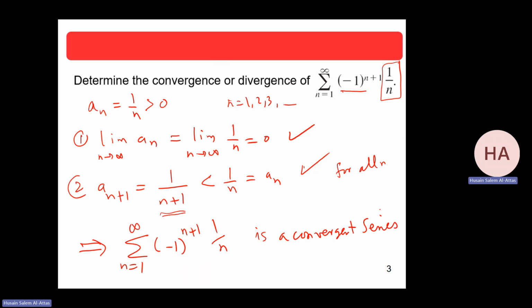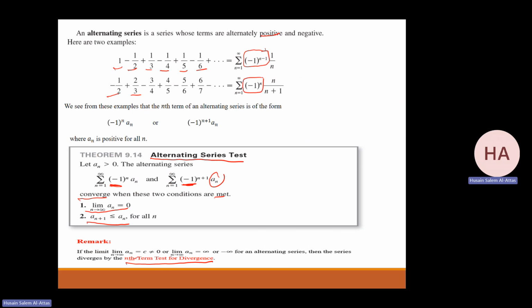I'm starting with a very simple example. Conditions: a_n positive, this is the form, and the limit. These are the two conditions, just something to start with, to call it an alternating series. Then the limit equal to 0 and decreasing, we say right away this alternating series converges.